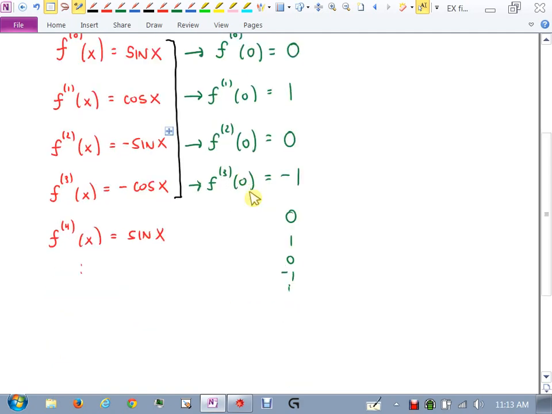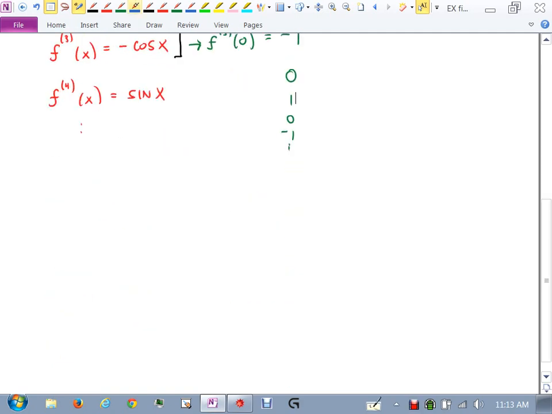So let's write out the terms of this series. f of x equals the sum, n equals 0 to infinity, and so on. I'm just rewriting what I had up there. First, n is 0.